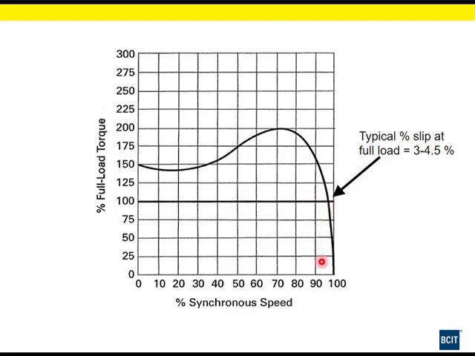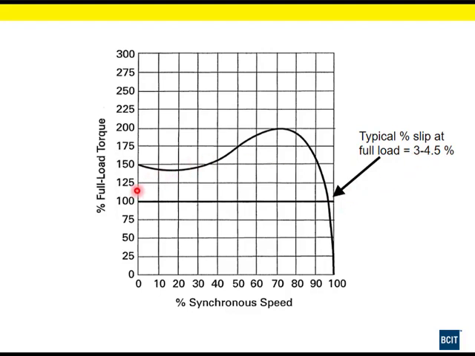And then it perfectly lines up with typically the 3 to 4.5% slip point. So when our motor is at 3 to 4.5% slip, typically it's at about 100% full load, or when it's at 100% full load, we can see 3 to 4.5% slip.